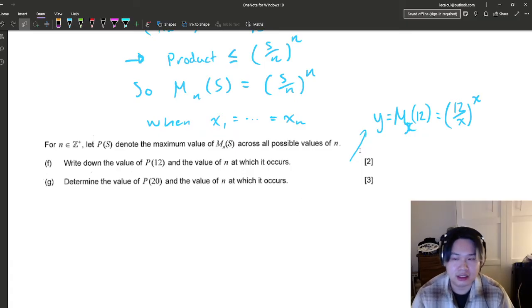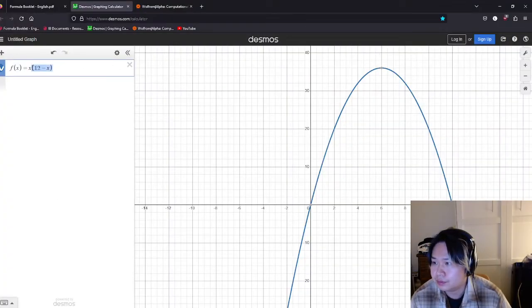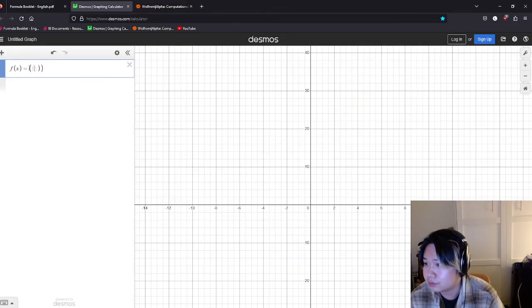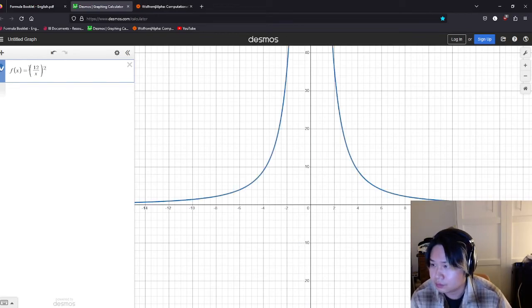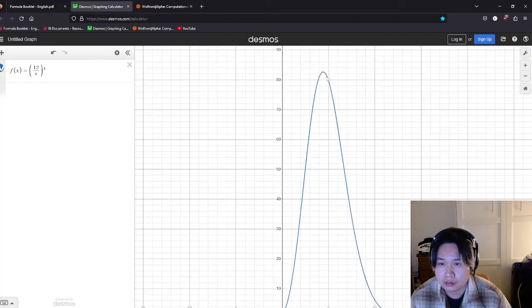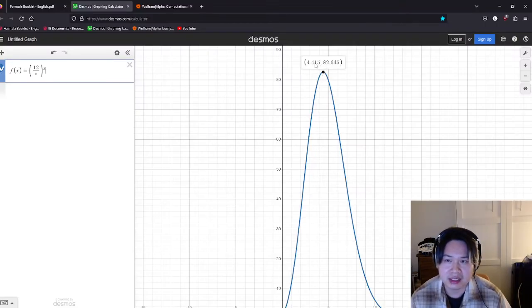And then we can graph this and find the maximum. Okay, and then as you can see, the maximum occurs at a not very nice n value.